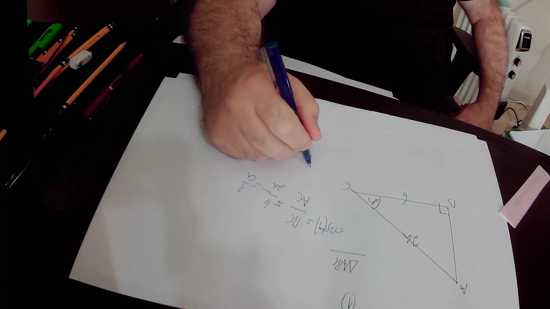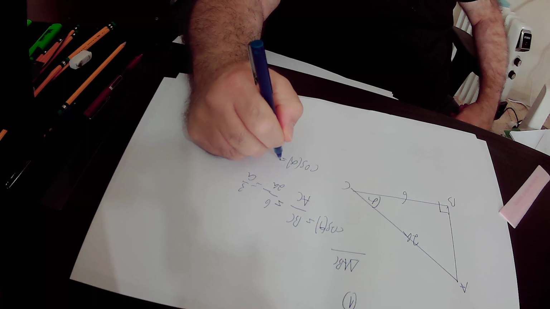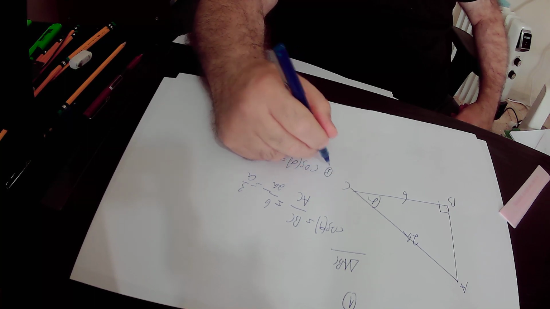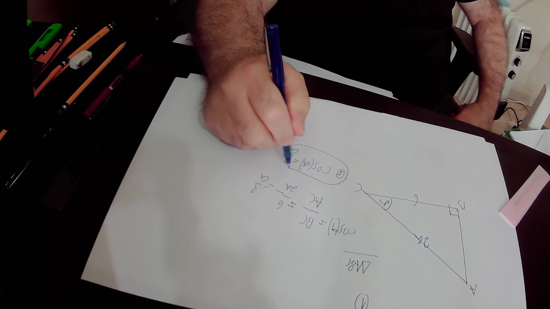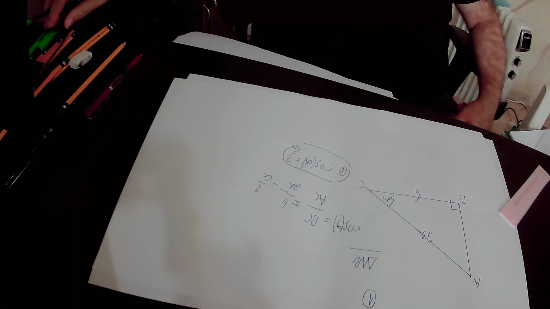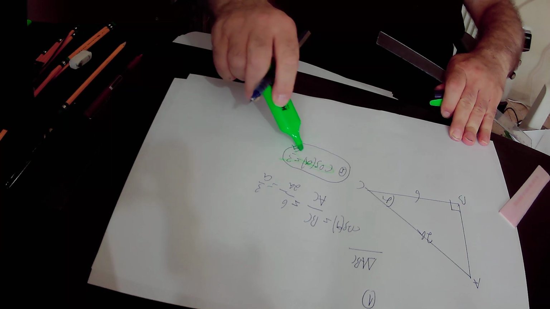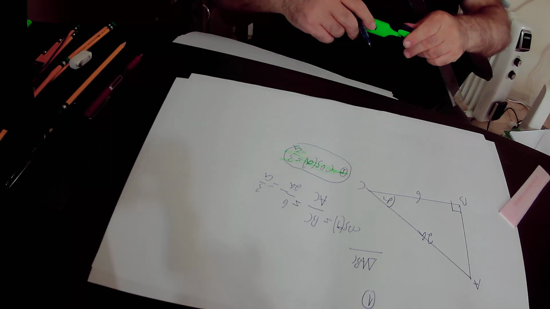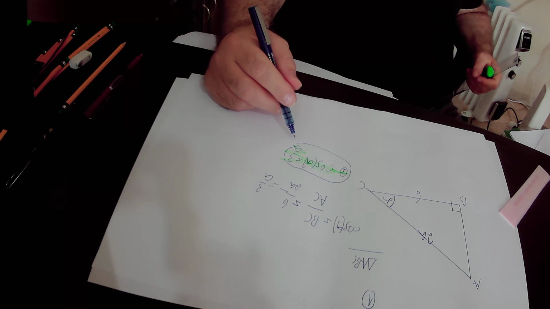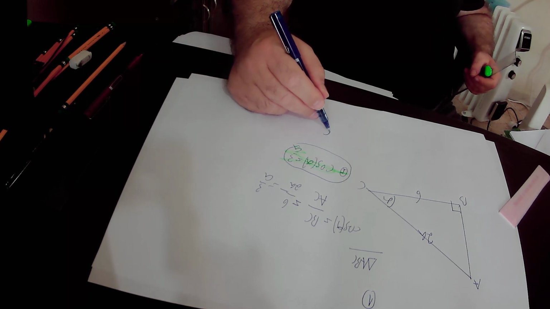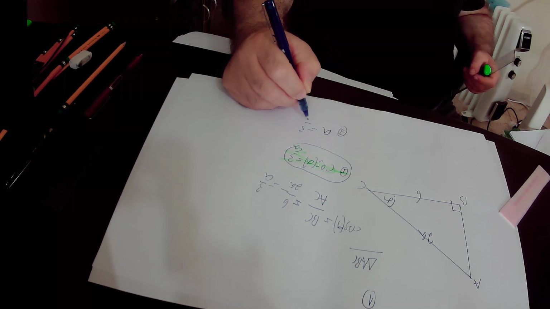So in conclusion, we found out that cosine alpha equals, according to equation number 1, 3 over A. Here we can multiply equation number 1 by A, and then divide it by cosine alpha, and we get that A equals 3 over cosine alpha.